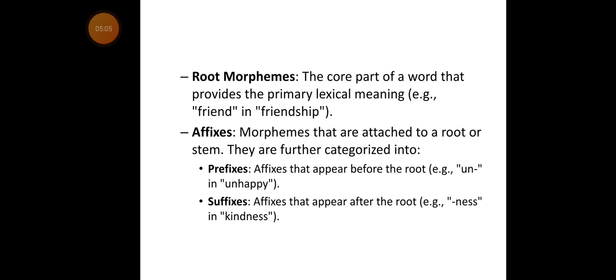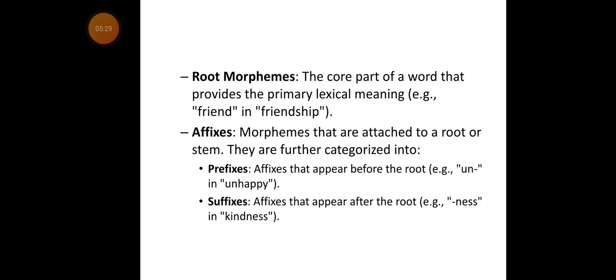Now see the affixes. Affixes are prefixes and suffixes. These are morphemes that are attached to a root or stem, and they are further categorized into prefixes and suffixes. Combinedly we can call them affixes. Both prefix or suffix can be called affixes, right?